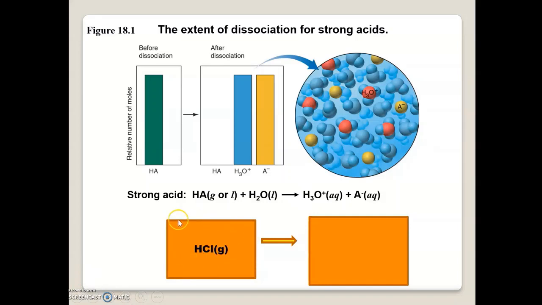If we have 100 molecules of HCl, and we know that HCl is a strong acid, after HCl undergoes dissociation, we have no more HCl. We have H+, Cl-, and H2O, because HCl is dissociated when it is dissolved in water.